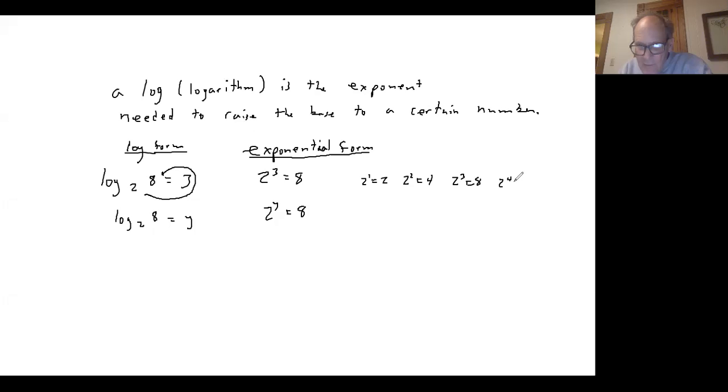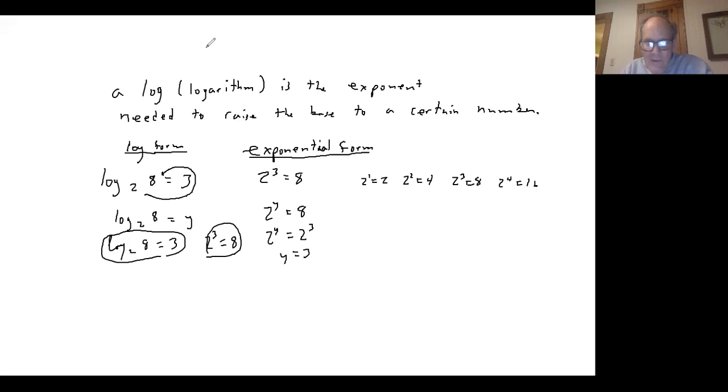Let's just do one more: 2 to the fourth equals 16. Then I know that 8 is 2 to the third. And since 2 equals 2, then y equals 3. So log base 2 of 8 is 3, which is the same thing as 2 to the third equals 8. This is exponential form. This is log form.